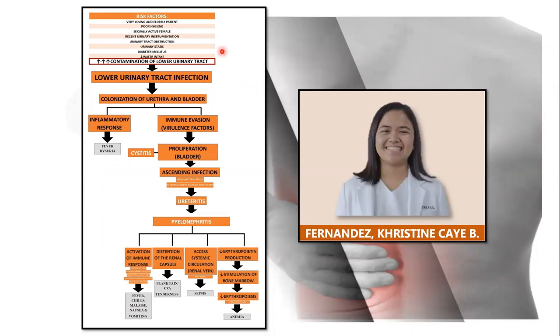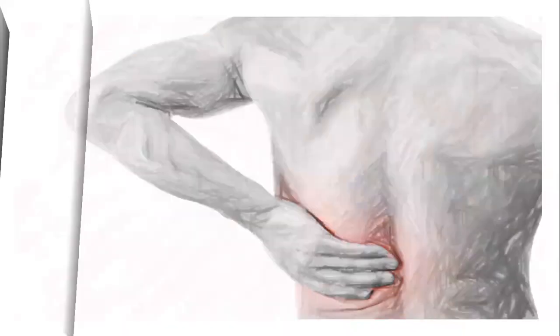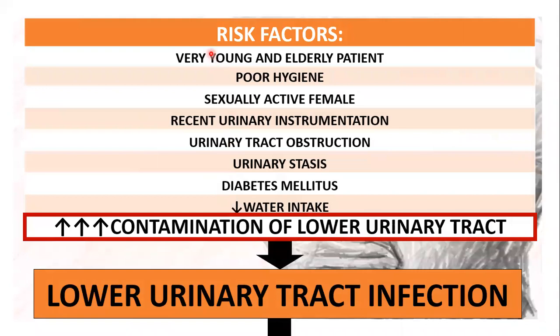We'll be discussing each of these sections one by one. Let's start. So here are the risk factors that we have to consider in patients with acute pyelonephritis. The age, from the very young to elderly patients.